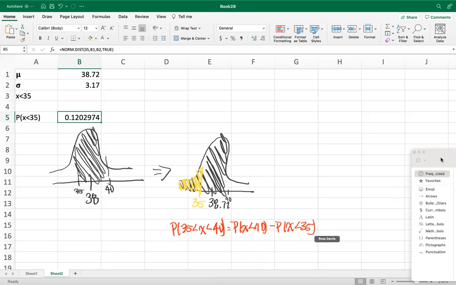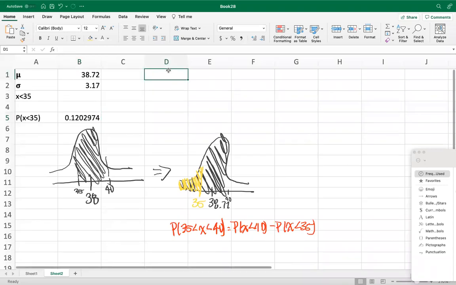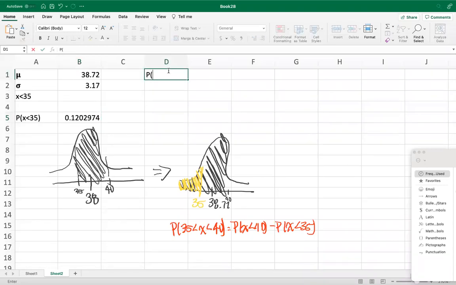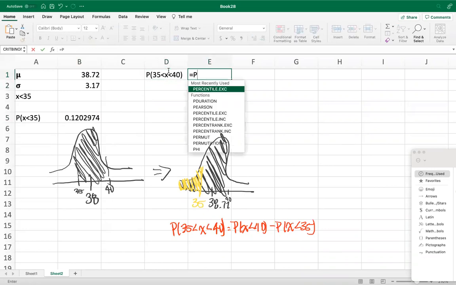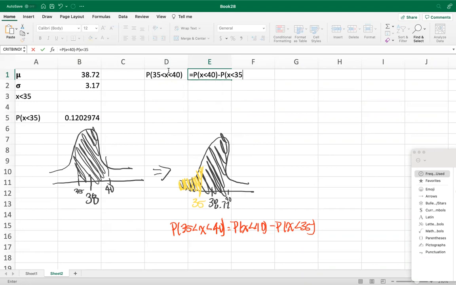And those are the values that we're going to have.